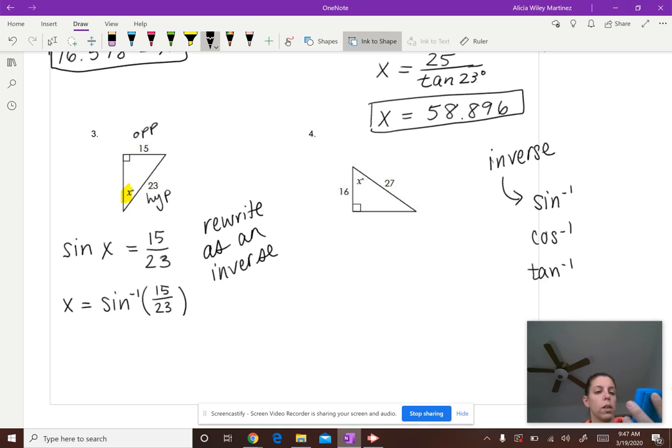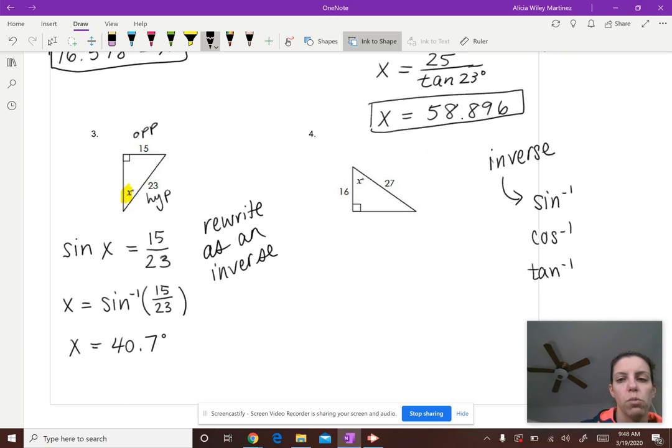Press equals, and you should get an answer. It's important that your calculator is in degrees, which we've already recognized. And I can see that I got 40.7. And remember that represents degrees.